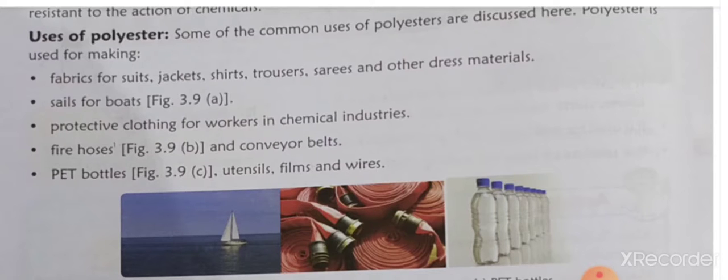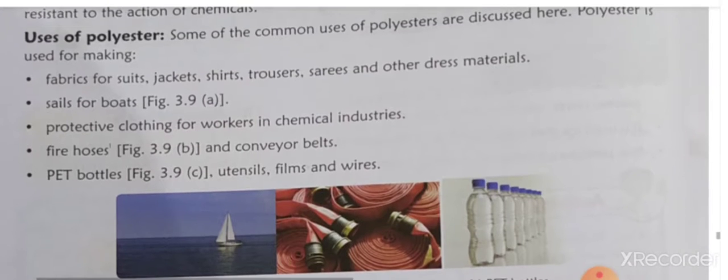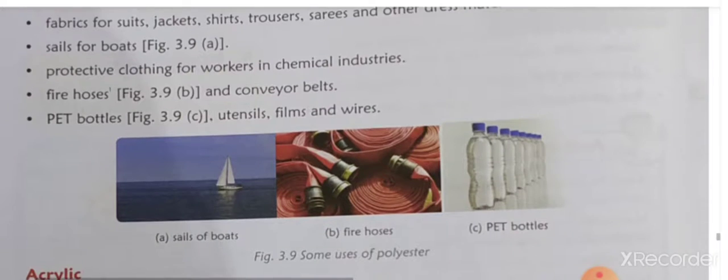Fire hoses and conveyor belts, as you can see in figure B. PET bottles, utensils, films and wires. So these were some uses of polyester in our day-to-day life.